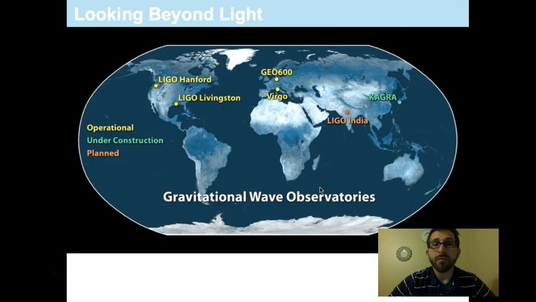Here they are on a map. Here's LIGO Hanford and LIGO Livingston. They're significantly far enough apart that there really should be no way that they're both detecting the same thing in the time interval that they're able to see these wave fronts. So remember, at the speed of light, the speed of light can go around the Earth 7 times in a single second, 7.5 times in a single second.